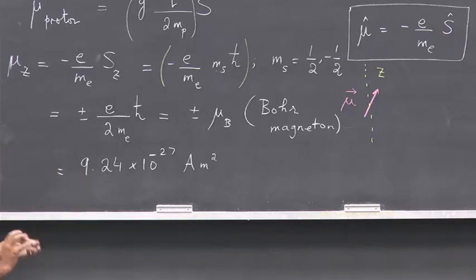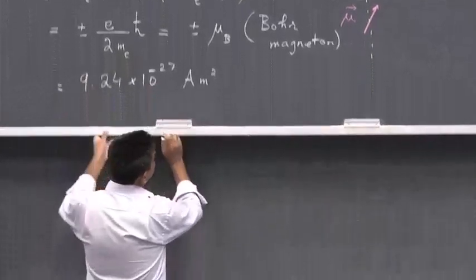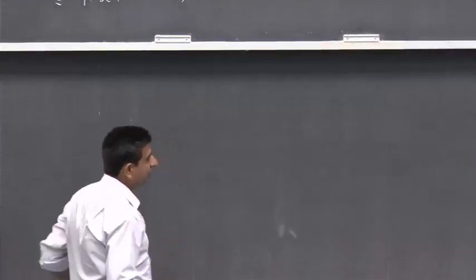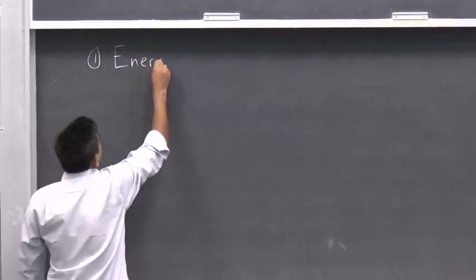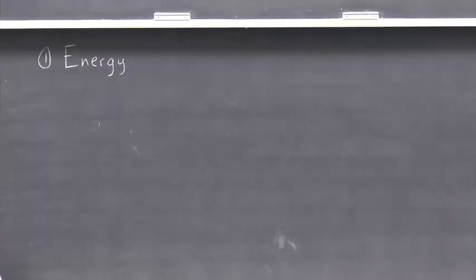Now we know that associated with the spin of an electron or a proton, or any angular momentum, there is a magnetic moment. Now we would like to do something useful with these magnetic moments. There are three kinds of quantities that we would like to talk about. First, the energy of a magnetic moment when it's placed inside a magnetic field, denoted by B, measured in Teslas.